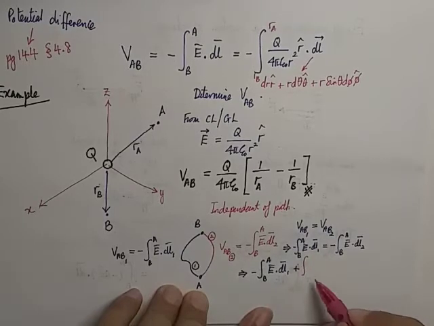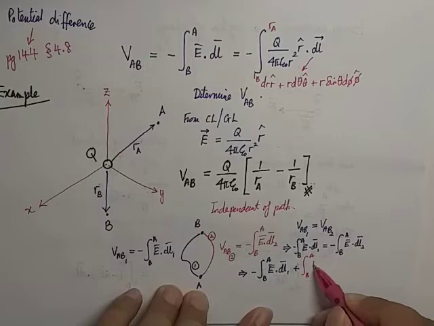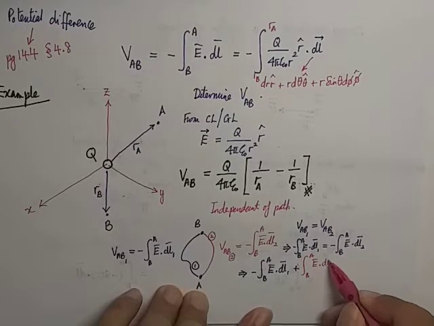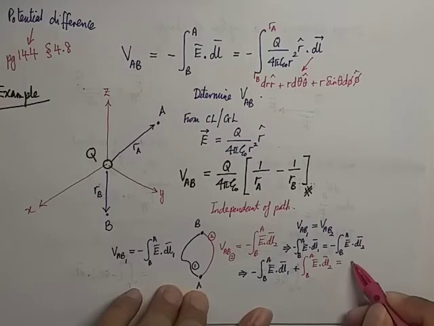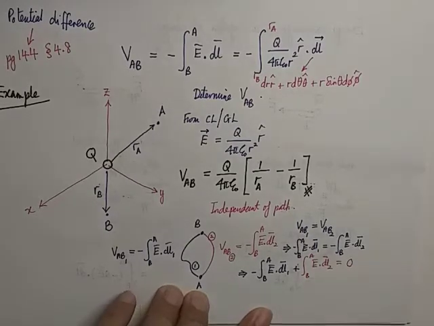Integration of B to A E dot dl number 2, and this will be equal to 0.